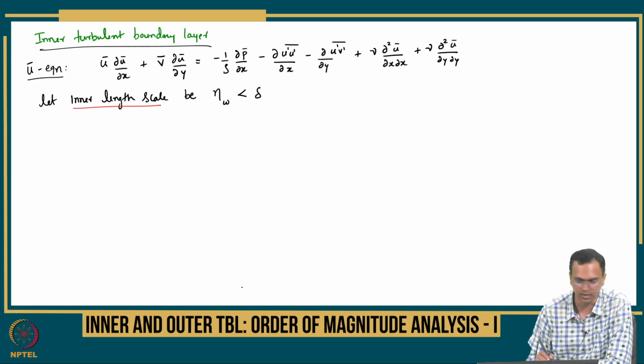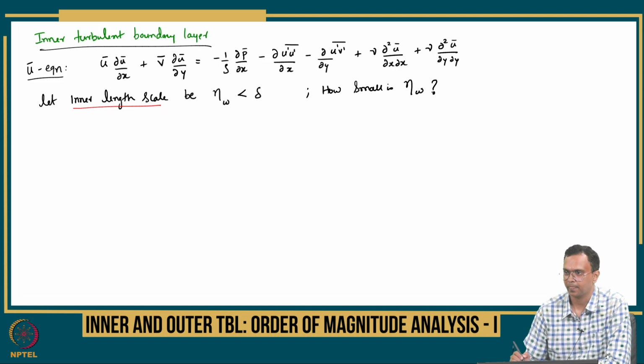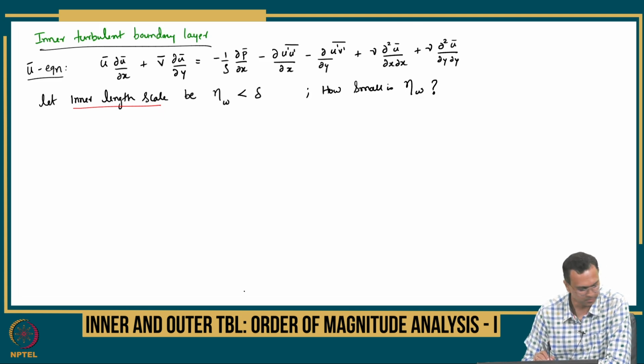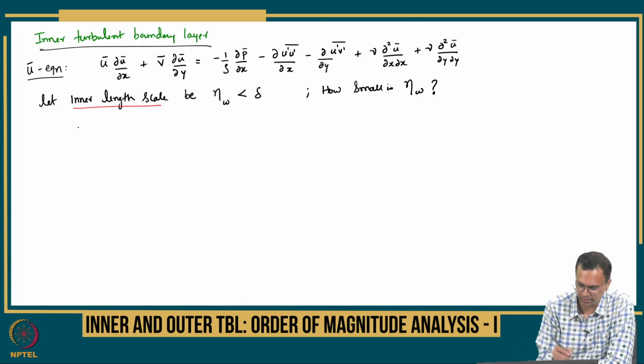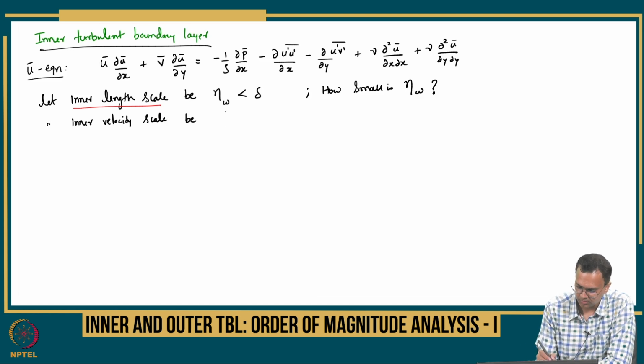We don't know how small it is, right? So how small is eta W? We put a question mark. We will revisit how small it has to be. At least now we know that eta W has to be much less than delta, and we also define an inner velocity scale. We call this UW.